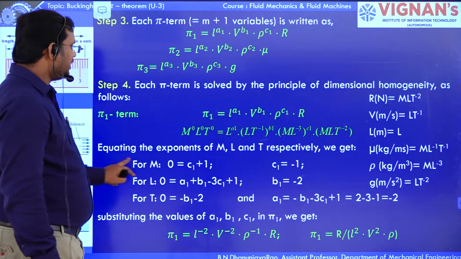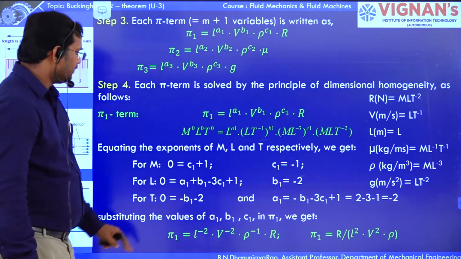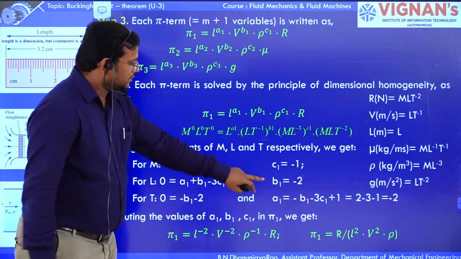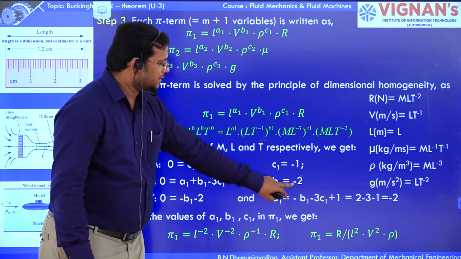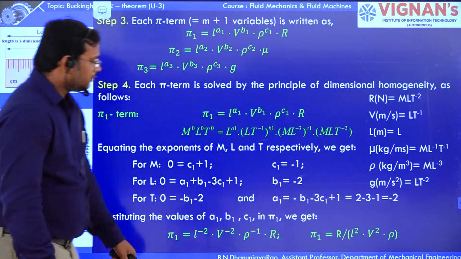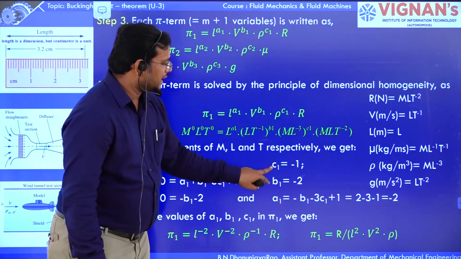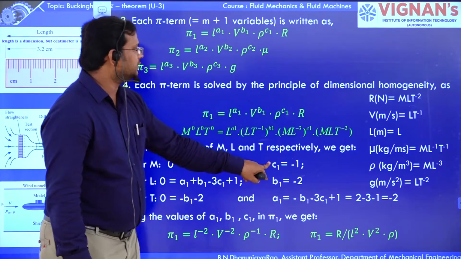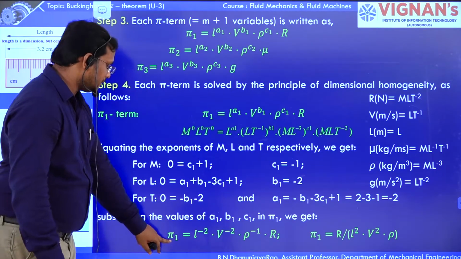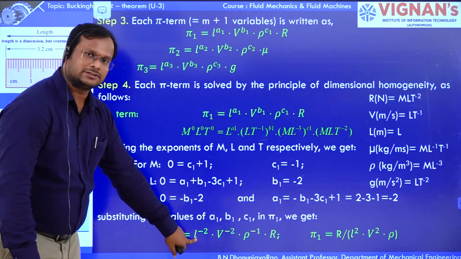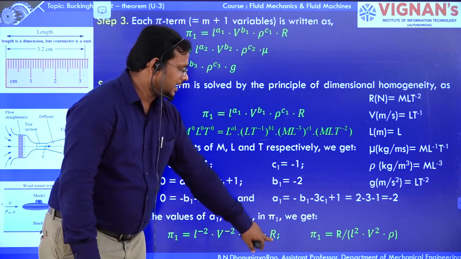Equating the exponents of M, L, T respectively, we can get C1, B1, and A1. C1 is equal to minus 1, B1 is equal to minus 2, and A1 is equal to minus 2. So we substitute all these powers A1, B1, and C1 in the pi 1 term, so that we get pi 1 equal to L power minus 2, V power minus 2, rho power minus 1, and R.